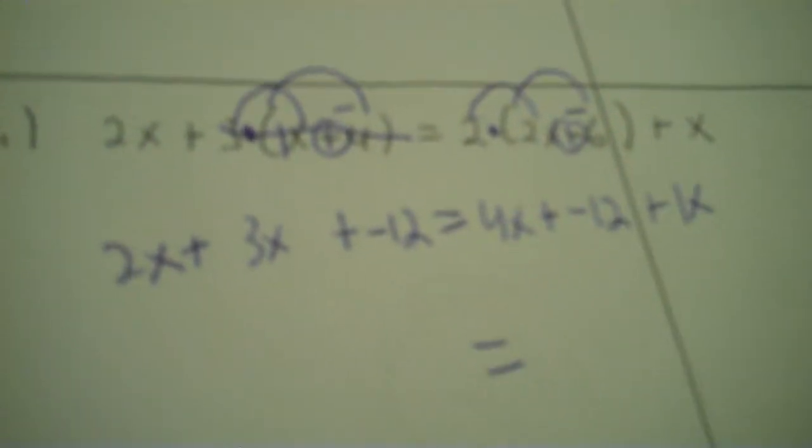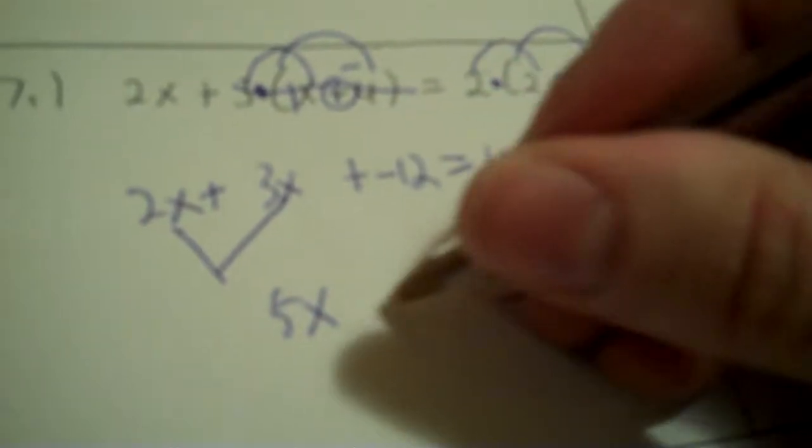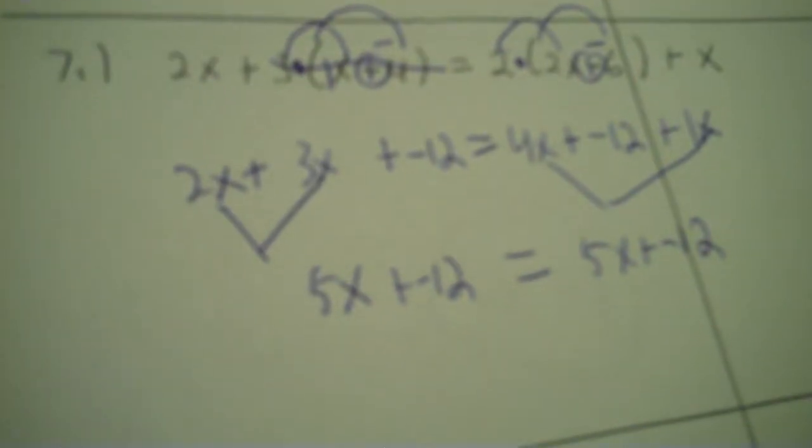Let's get all the x's on one side. Well, first we have to combine the 2 that are on the same side, okay? So it's going to be 5x plus negative 12 on that side, and then 5x plus negative 12 on that side. Now, the x's are on opposite sides, but rather than get them together, they're the same, so they're going to cancel out, okay?